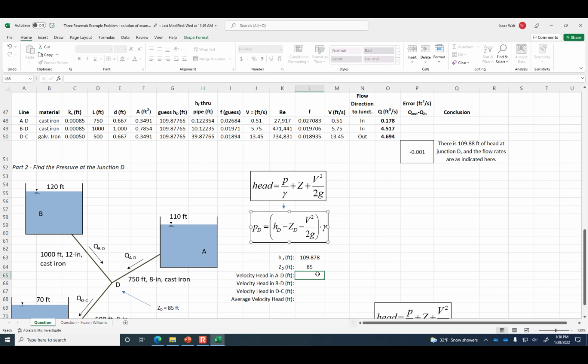So I'll calculate the velocity head at each of the 3 pipes and then use the average of the 3 as the velocity head that we're going to assign to junction D. So you'll see here it says, what's the velocity in pipe AD? Velocity head is v squared divided by 2g.